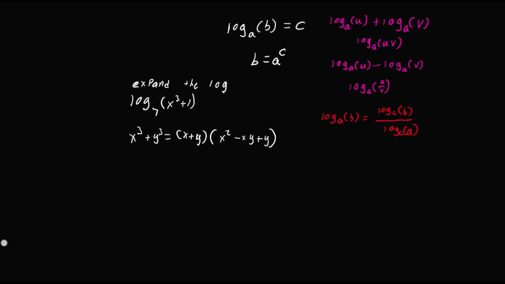If we go ahead and factor x cubed plus 1 cubed, since anything to the power of 3 is 1, we are going to get x plus y, which is 1, so we just have x plus 1 times x squared minus 1 times x, which is x, and y, which is positive 1.